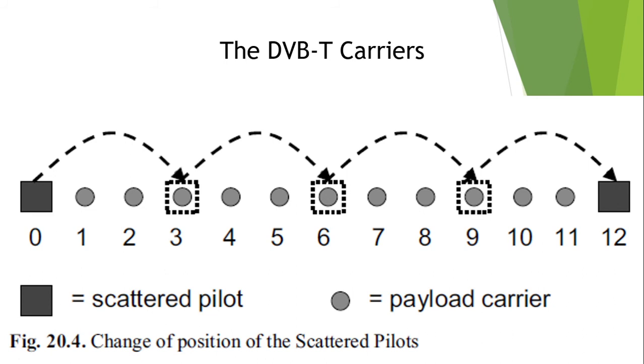Of the 2048 carriers in the 2K mode, only 1705 carriers are used and all others are set to 0.